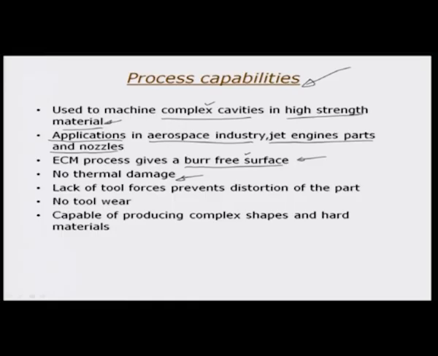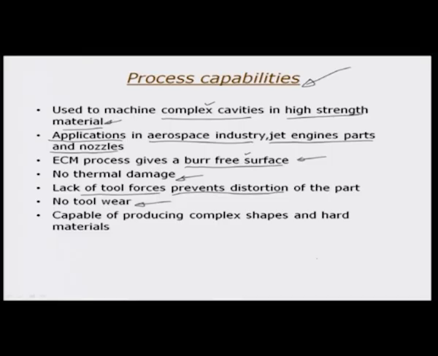There is a lack of tool forces, and therefore, it's passive, non-contact, and it leads to the prevention of all sorts of distortions, okay, which otherwise would happen if you had a contact machining situation. There is very little tool wear, which I think I had illustrated earlier, was mainly due to the small gap and the high pressure of the electrolyte.